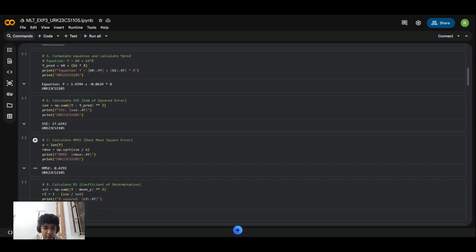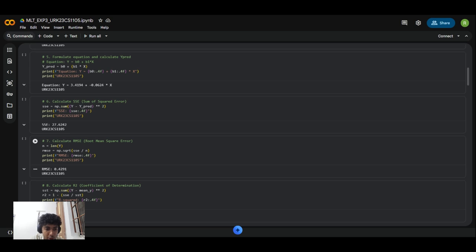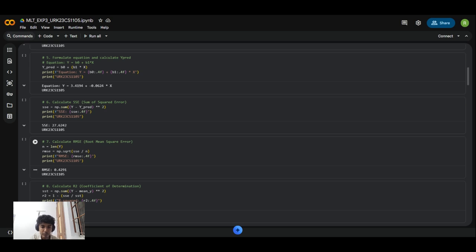And then the seventh question, that is root mean square error. The root mean square error is the average prediction error, and we've gotten it as 0.4291.